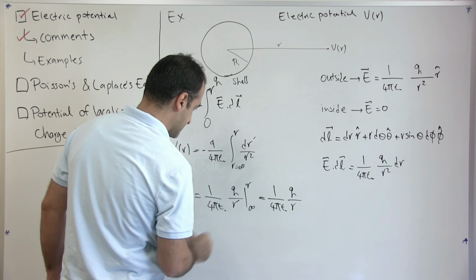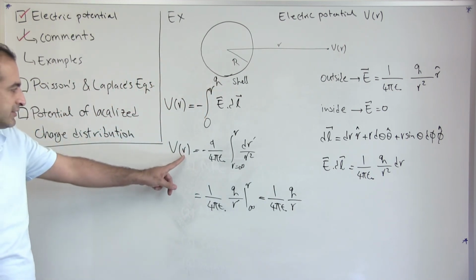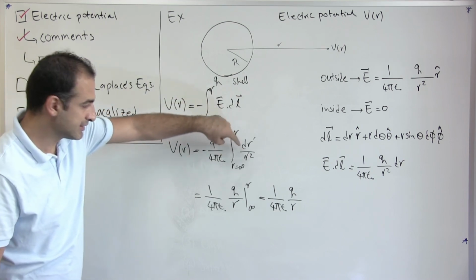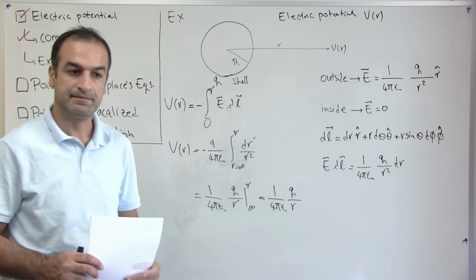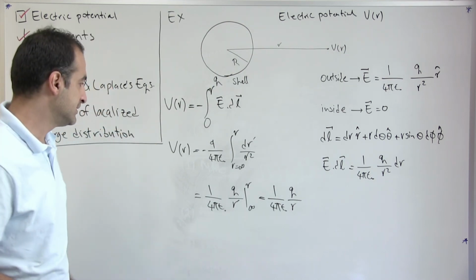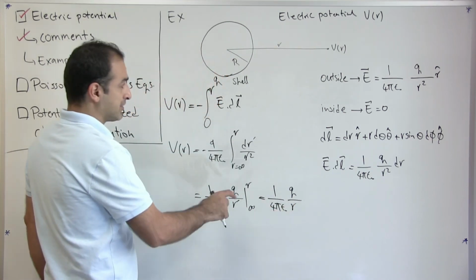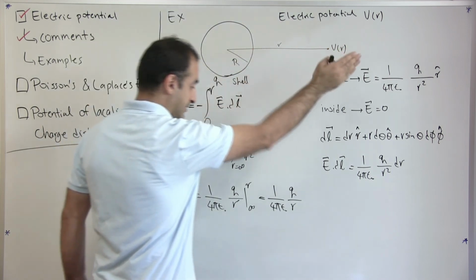So something like this. So that this R only refers to the limit of the integral and not the variable inside, because this is the integral parameter. Sounds good? So this is the potential. This is the equation for the potential from outside the sphere all the way to infinity.